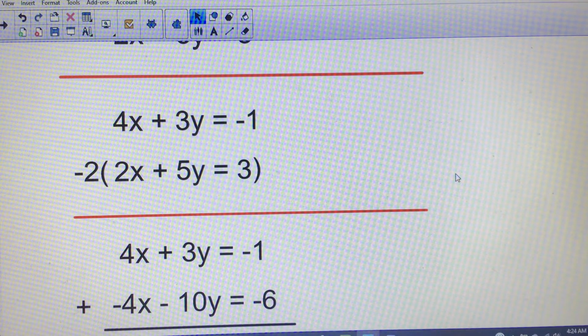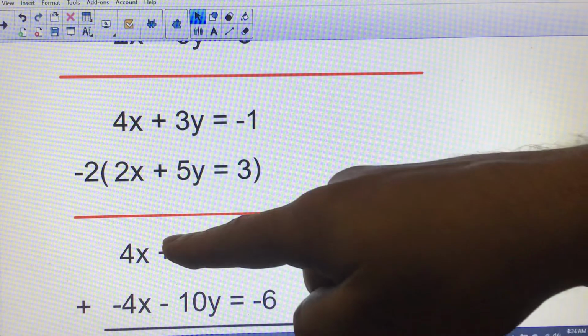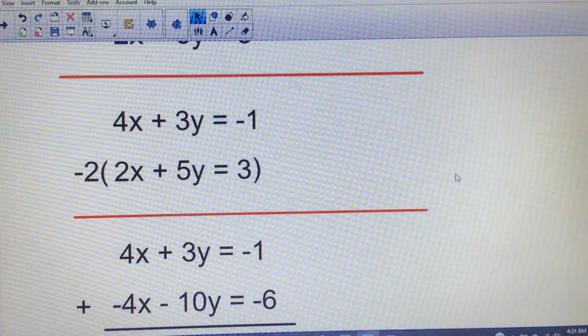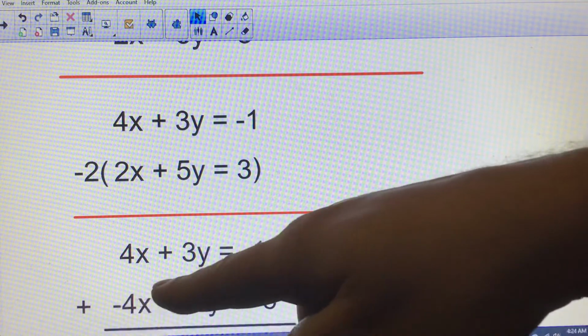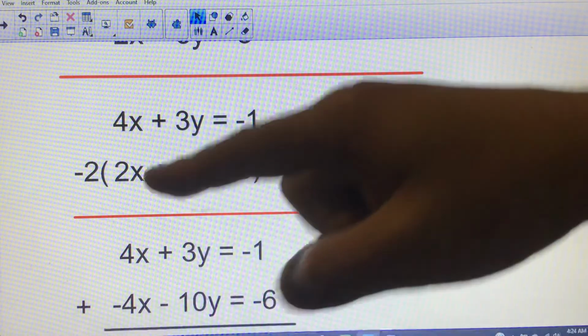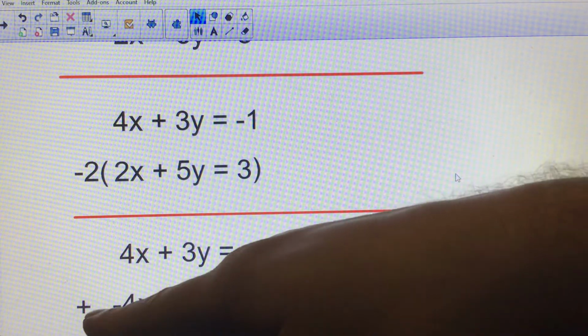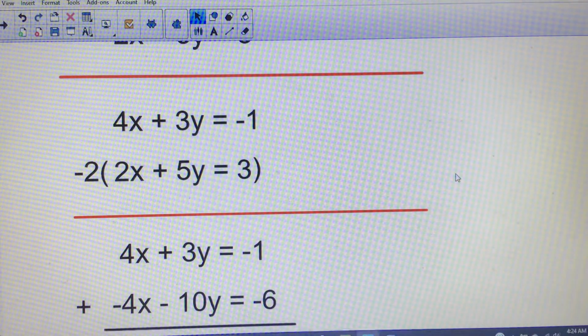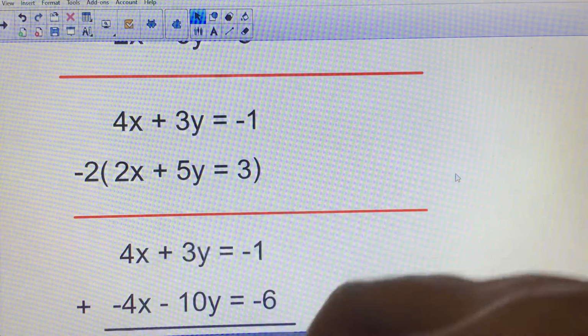Now I'm able to eliminate, because notice that this is a 4x and this is a negative 4x. So I put this little plus sign here because once you have them opposite, you can eliminate the variable by adding the equations together. So I'm going to take this equation, add this equation to it, and these x's will go away.